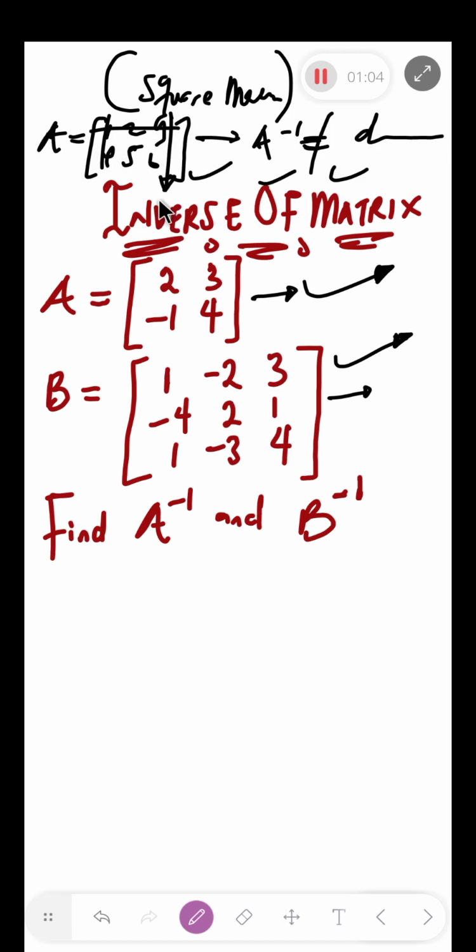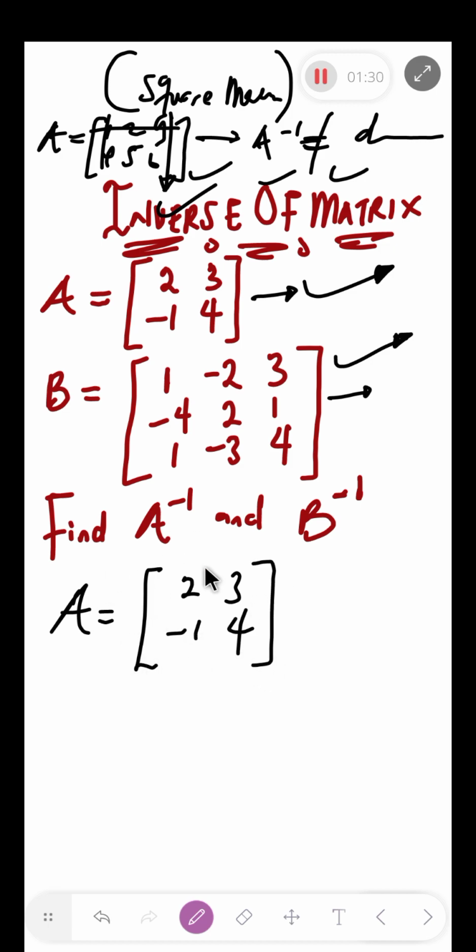So you can only find the inverse of a square matrix, either 2 by 2, 3 by 3, 4 by 4, and some other dimensions which are square matrices. Now, you can find the inverse of a 2 by 2 matrix in a simple way.